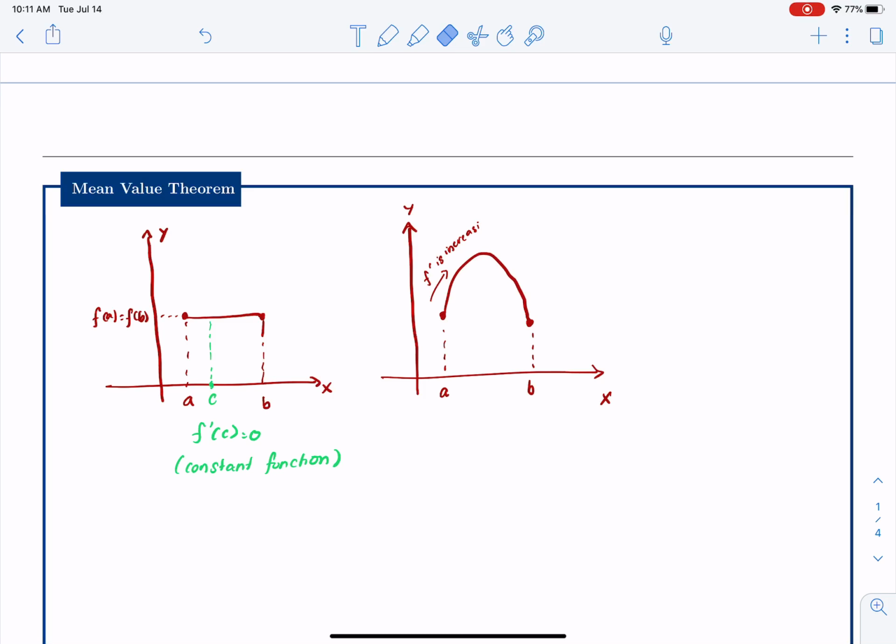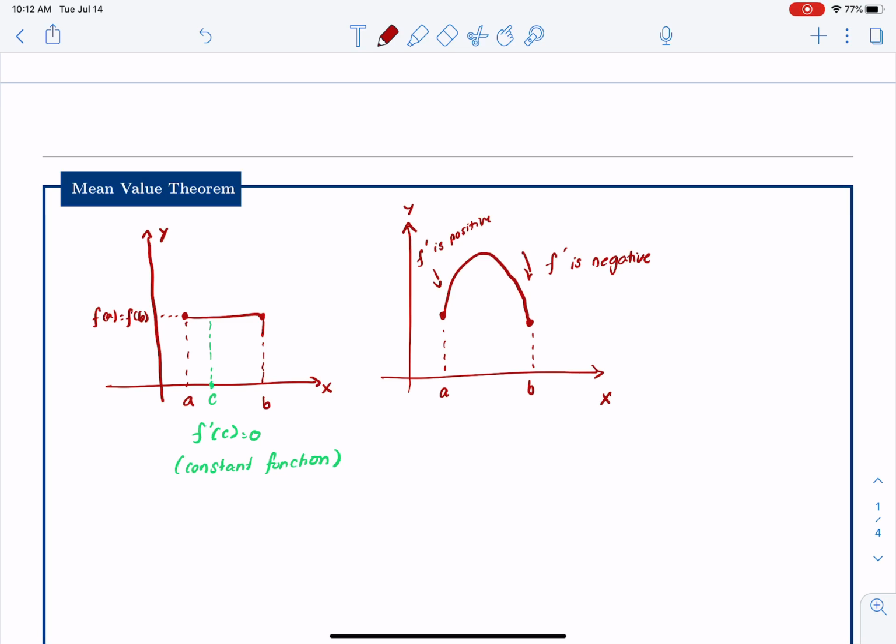On this side, the derivative is positive. On that side, the derivative is negative. And why is that? Because derivative is simply the slope.